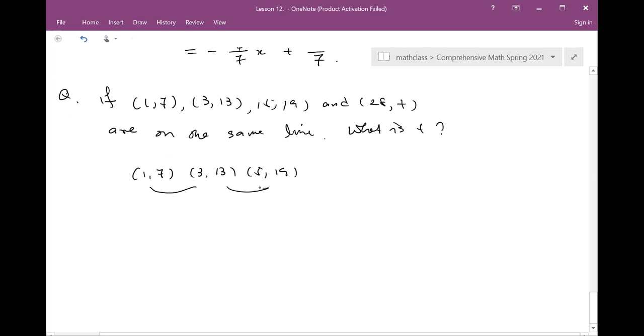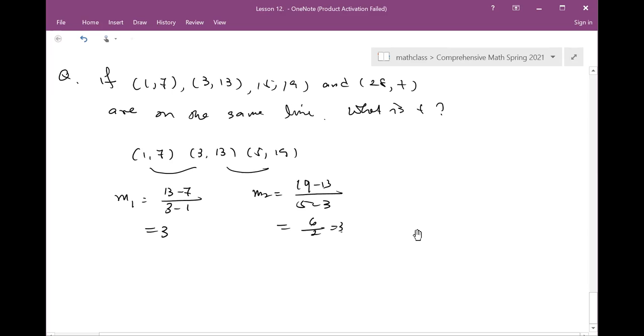So let's take a look at the slope determined by those 2 pairs of points, okay? One slope is 13 minus 7 over 3 minus 1, which is 6 over 2, so 3. Here's slope 2. 19 minus 13 over 5 minus 3. That will be 6 over 2. So that's 3.